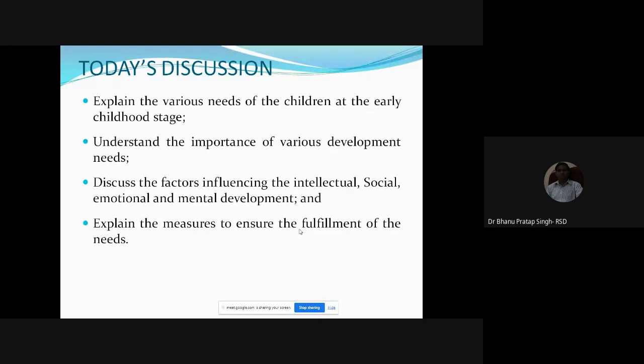So in this particular topic, again, we will try to learn the various needs of children at the early childhood stage, the importance of various development needs, and what are the factors influencing the intellectual, social, emotional, and mental development of the child, and how to measure to ensure the fulfillment of the need. So, should go quickly.